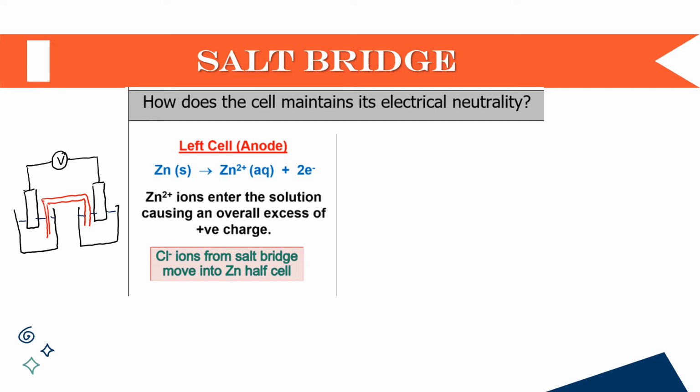This is zinc solid, this is zinc 2 plus aqueous, Cu2 plus aqueous. It needs to be labeled with the phase, and then this is copper solid. We have our galvanic cell here.